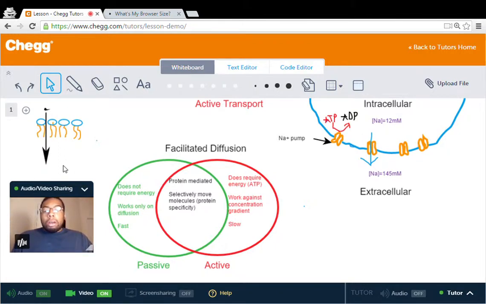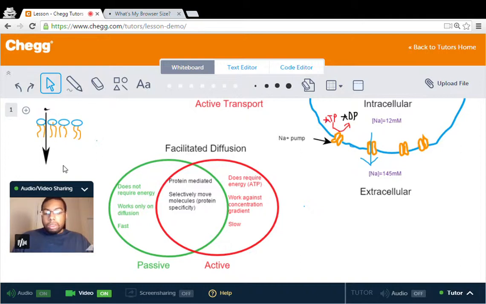Now, the ability of a molecule to do that really decreases as that molecule gets bigger or if that molecule has a charge. But the cell still needs these kinds of molecules to be able to get in and out of it in order to function. So, how does it do that?